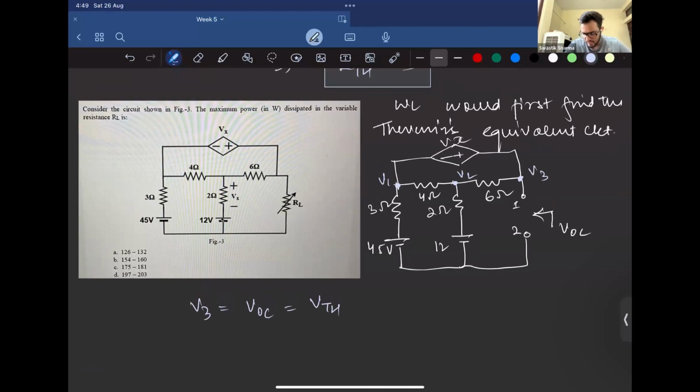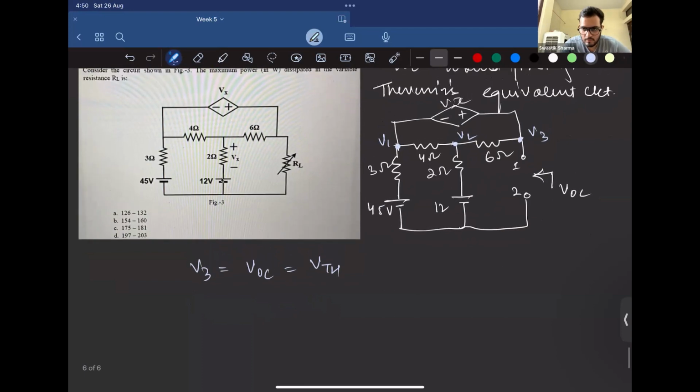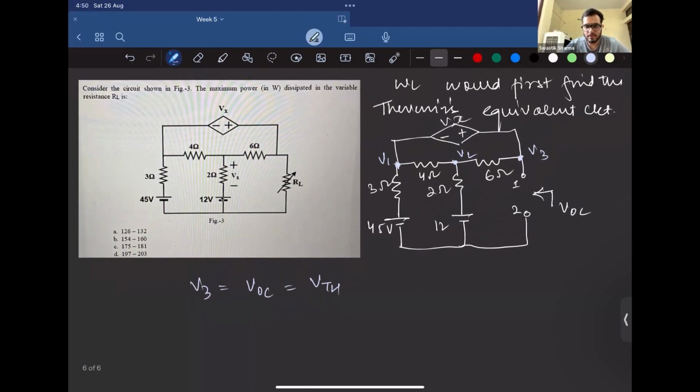If we have two non-reference nodes 1 and 3 and a dependent source Vx connected between them, is it a supernode? Yes, this is a super mesh concept. Super mesh? We are doing nodal analysis.